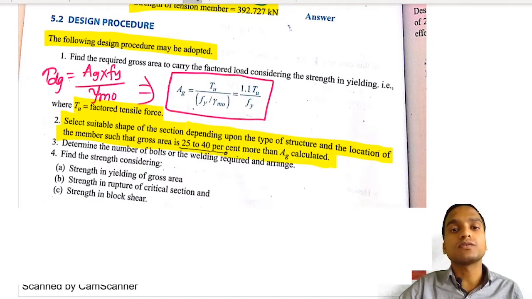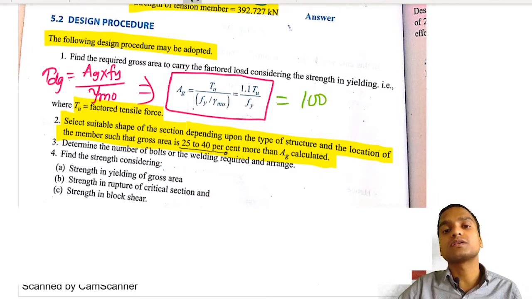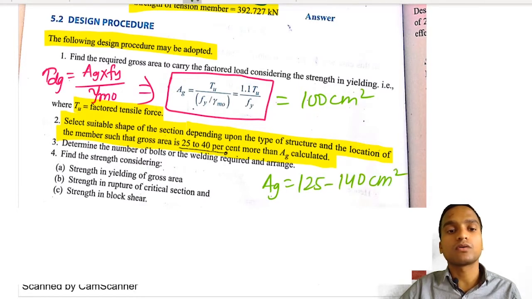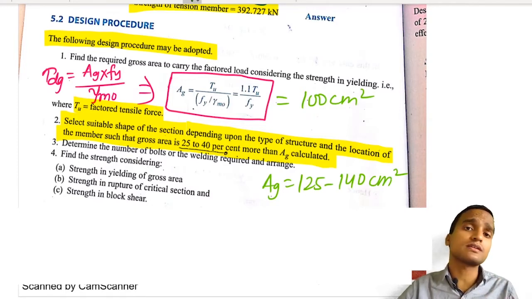If this value of gross area comes out to be 100 centimeter square, then I have to choose a section from the steel tables which has a gross area equal to 125 to 140 centimeter square. Alright. Then I have to decide which kind of connection I want to use in tension members.